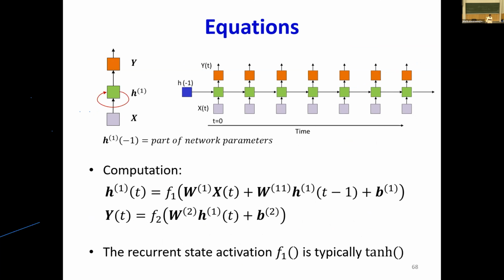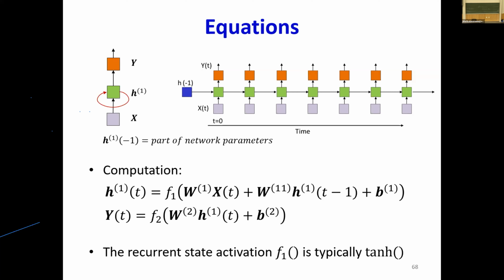First, you compute an affine function of all of the inputs to that state, which includes the current input and the previous hidden state value. So this affine term that goes into this green box is going to be some weighted sum of the inputs plus the weighted sum of the hidden state at the previous time plus the bias.